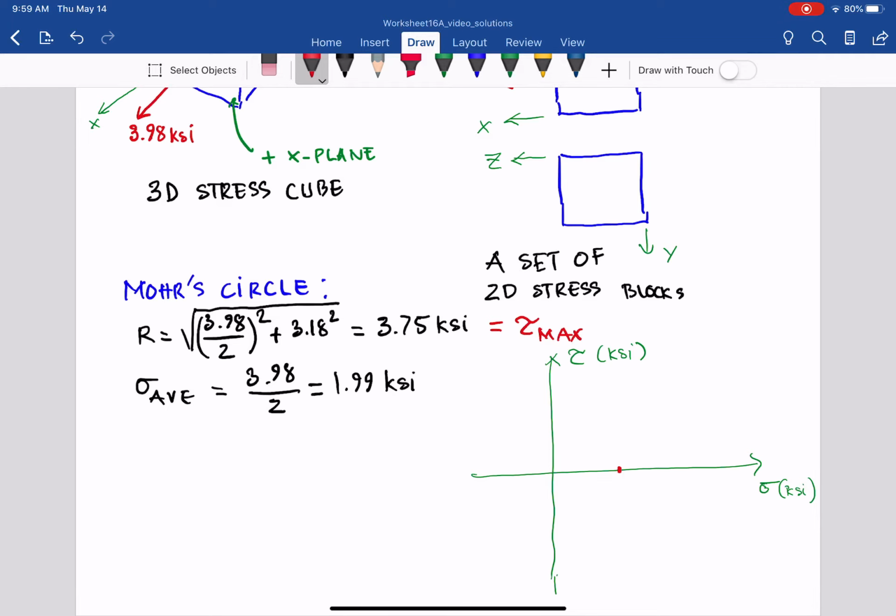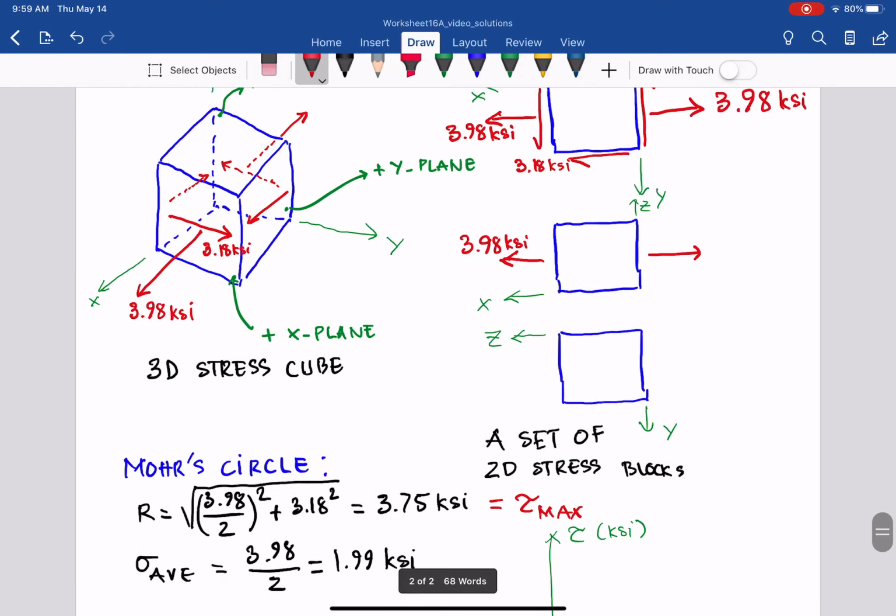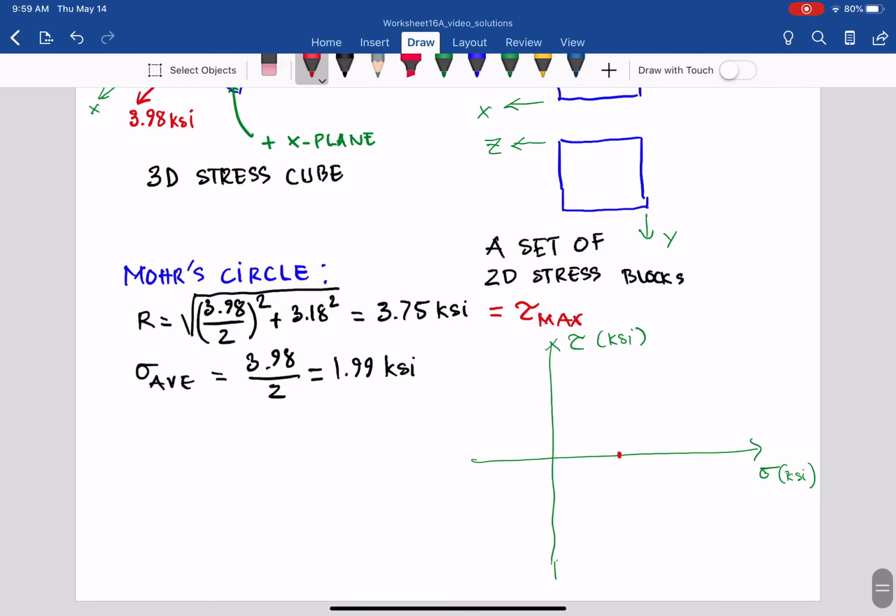Okay, and in the y-axis, no sigma y, so first find tau max. Tau max is also 3.75. So that is the radius. So that is tau max.